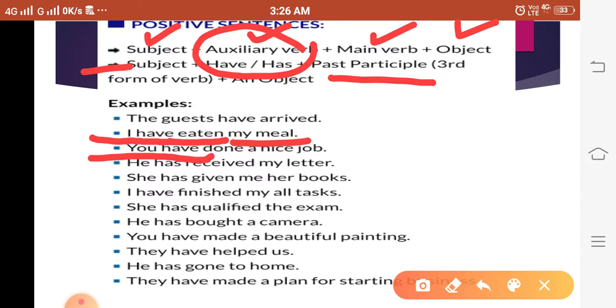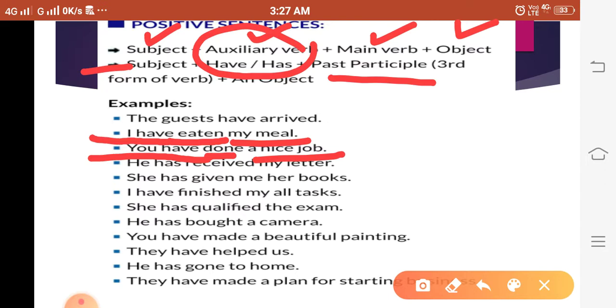Though I and you are both singular pronouns, like they are single persons, still these two pronouns are the exception. With them in present perfect tense we use have only. Clear? Then done is the third form of the verb do. A nice job is our object in this sentence.